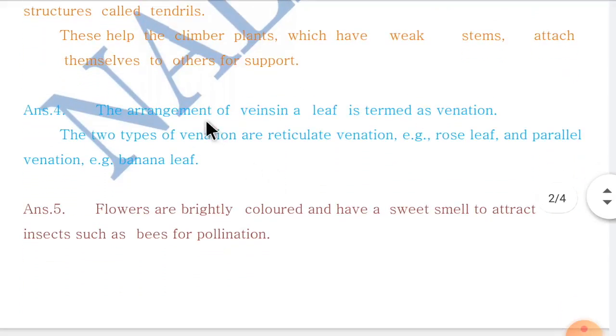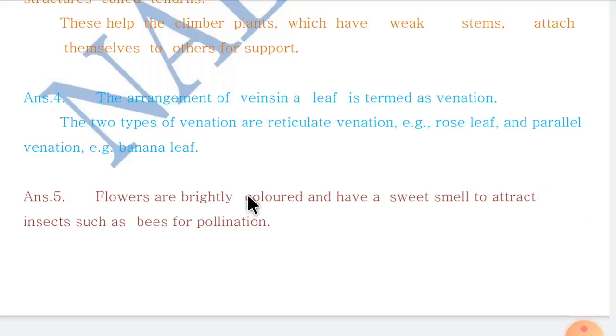Let's see the next, the fourth one: what is venation? Name the two types of venation with one example for each. So let's see what venation is first. The arrangement of veins in a leaf is termed as venation.